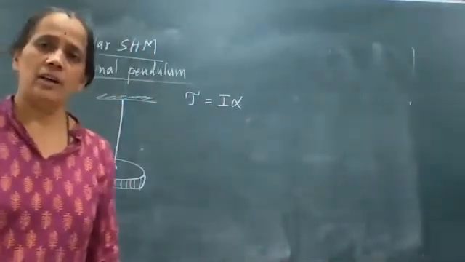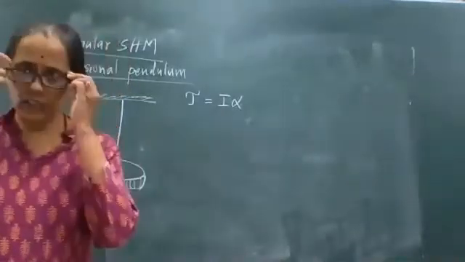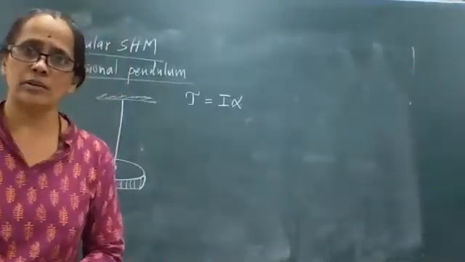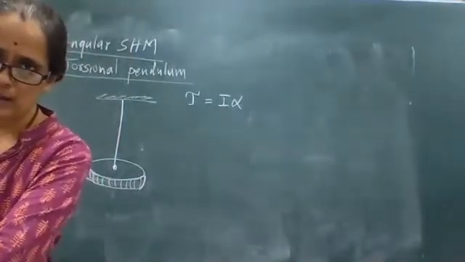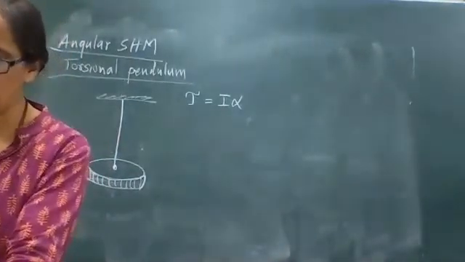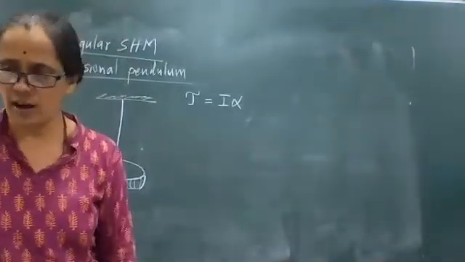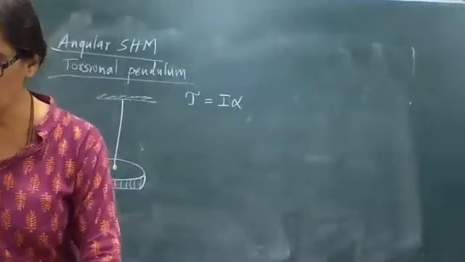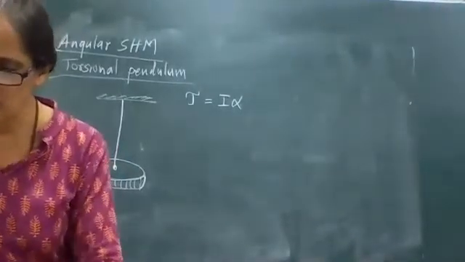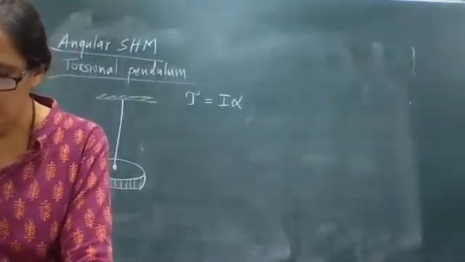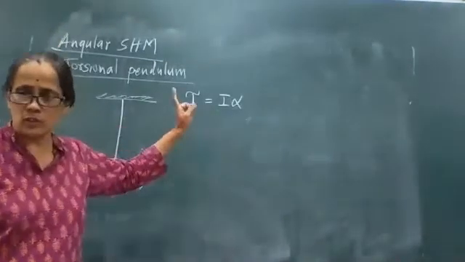You have seen that whenever any body is performing a rotational motion, it requires a torque. And whenever a torque is acting on any particle, it will perform a rotational motion with a certain angular acceleration alpha. And therefore, your torque tau is equal to I alpha. Clear?